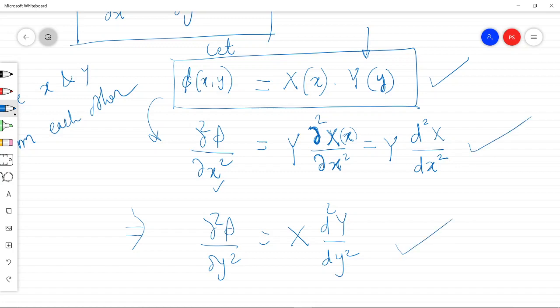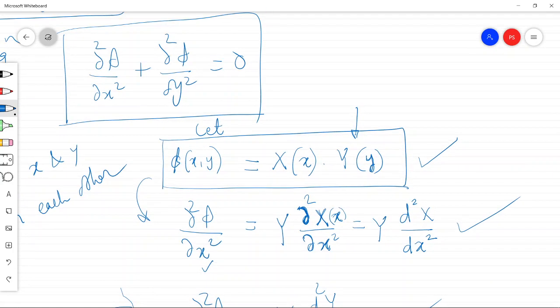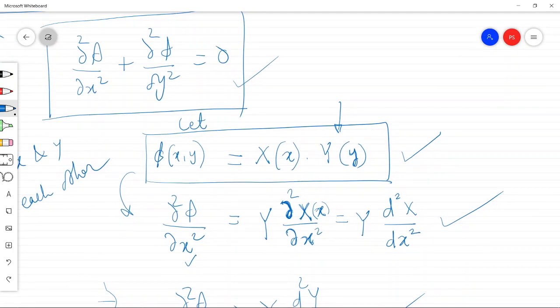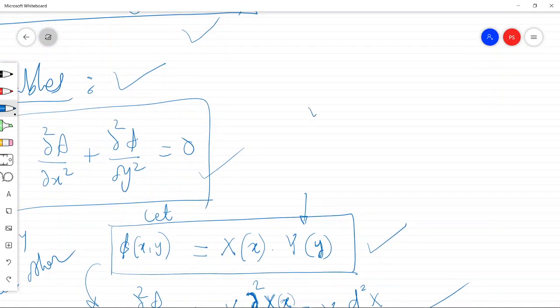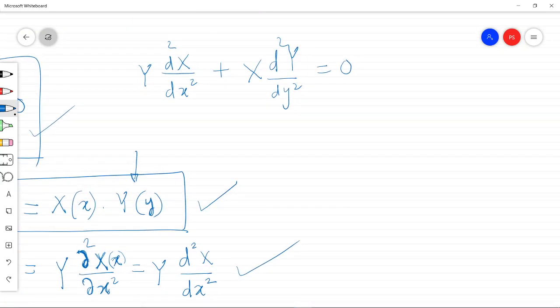Now let us substitute these two equations in the original equation. Instead of this, we write Y d2X by dx squared plus X d2Y by dy squared is equal to 0. Correct? This is what we get after the substitution.